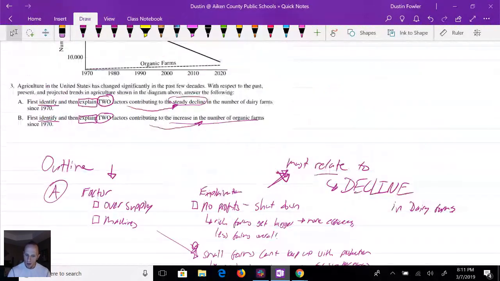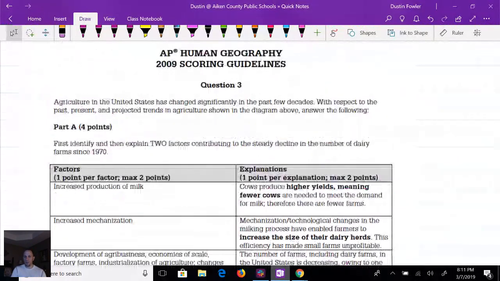All right, so what I want to do now is show you guys the scoring guidelines for this particular question. When you are a reader for the AP exam, and I did this last year, you will have the rubric to the question in front of you. You are actually required to have it on a stand so you can see it at all times while you're grading the essays. So this was question 3 on the AP exam in 2009.